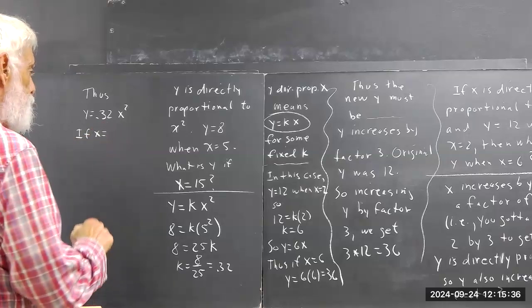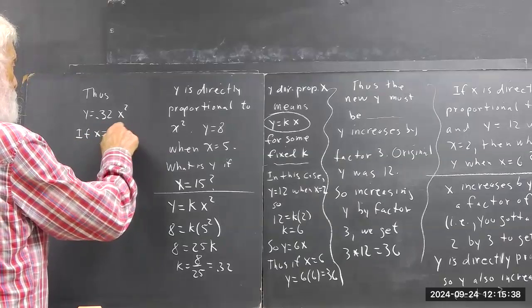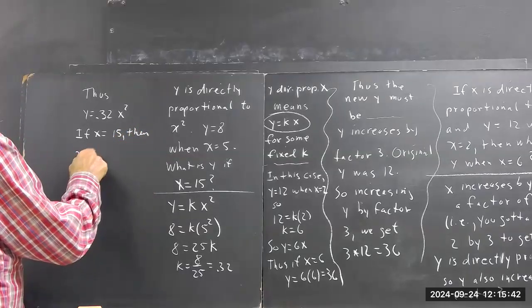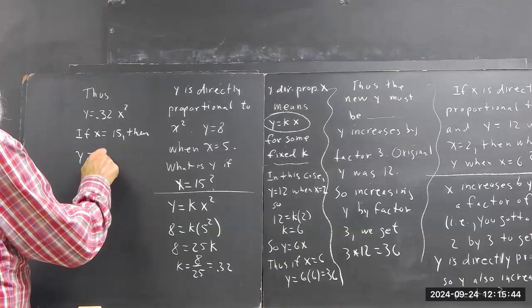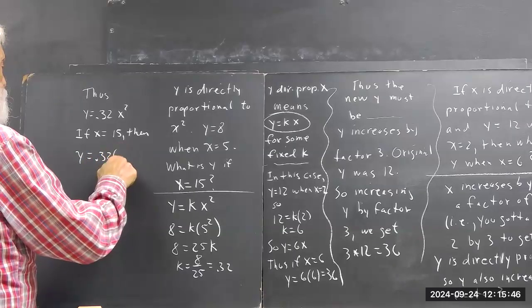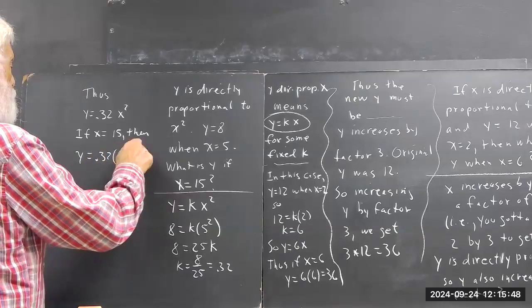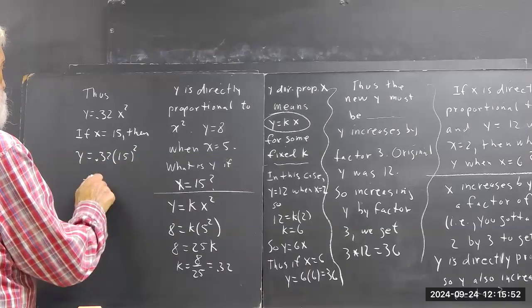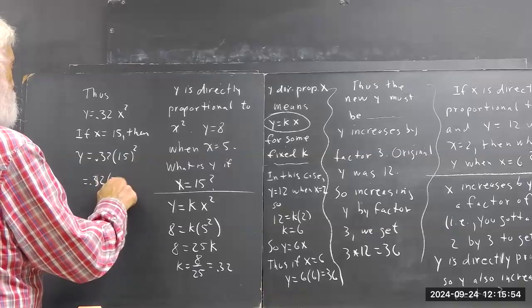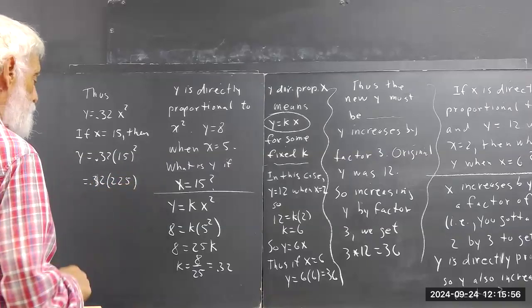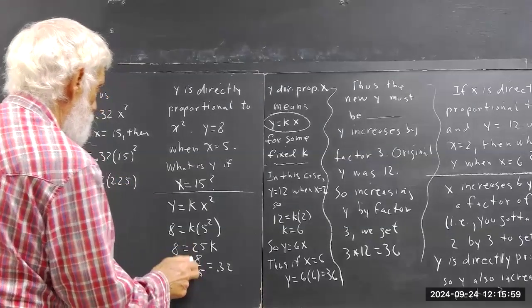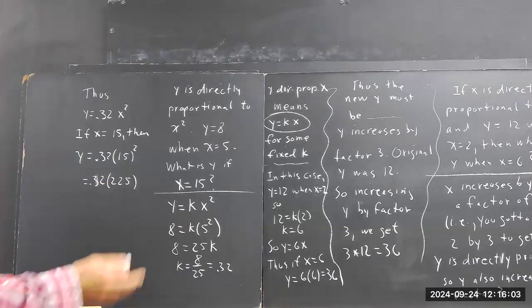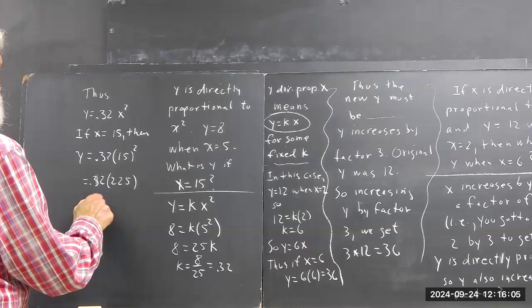If x equals 15, then y equals 0.32 times 15 squared, which is 0.32 times 225. Now you could have written 8/25, 25 would have gone into 225, 9 times, 9 times 8 is 72.